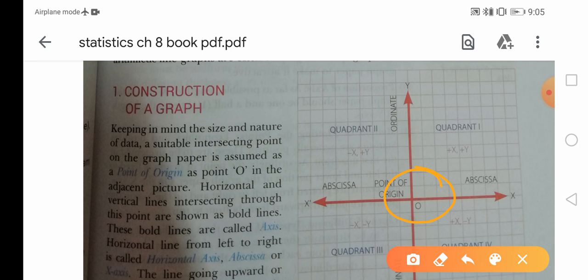From point O, the X1 to X axis goes horizontally, and vertically the Y and Y1 axes are there. Here X and Y are positive; in the second quadrant X is negative and Y is positive, whereas downward you can see minus X minus Y, and plus X and minus Y quadrants are shown here.